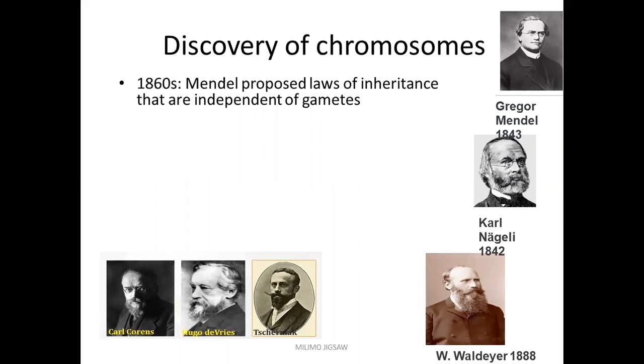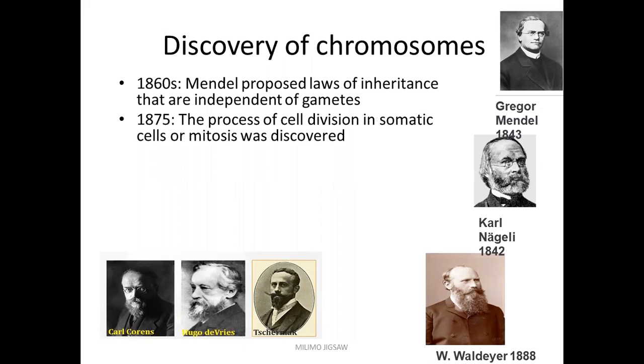So we find Mendel proposing laws of inheritance that are independent of gametes in the 1860s. One of the lessons we're going to look at in genetics will be Mendelian genetics, classical Mendelian genetics. So he's a very good and prominent figure in the field of inheritance, in the field of genetics.